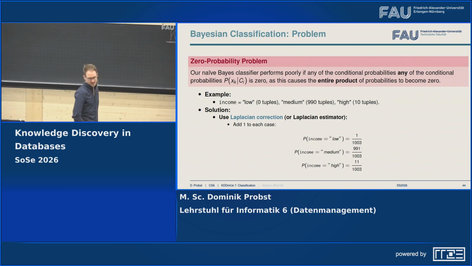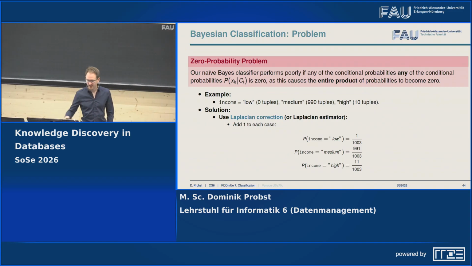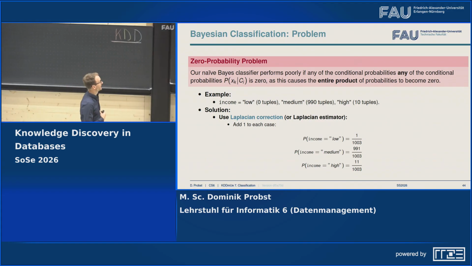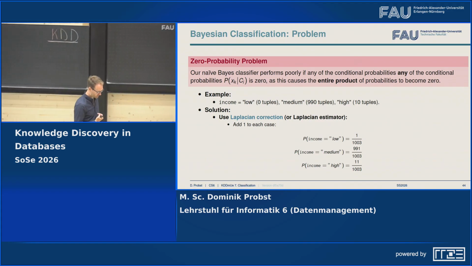And therefore, instead of having income low at 0 tuples, we have income low at 1 tuple. We had 1,000 tuples in total. Now we have 1,003 tuples in total, since we added 1 case to each case. And now we are able to calculate the probabilities.